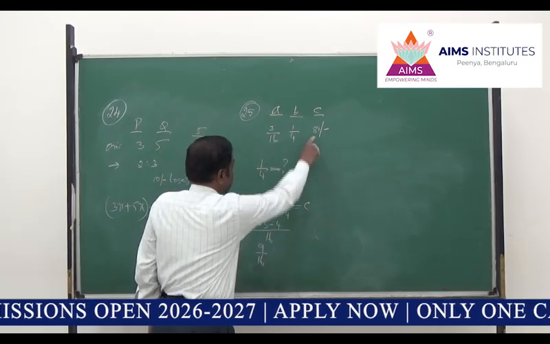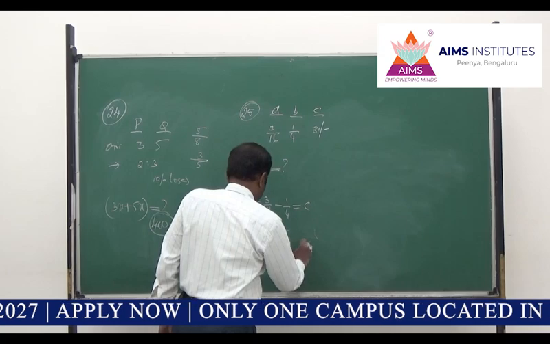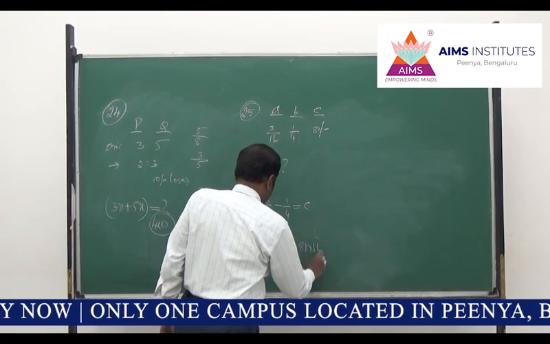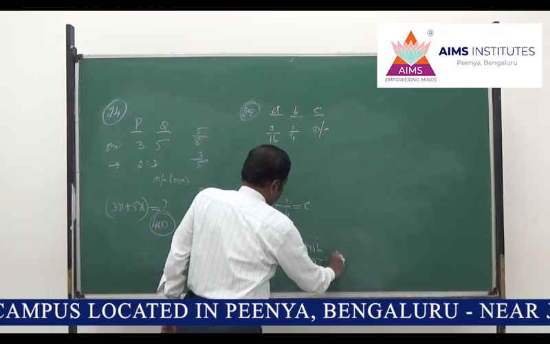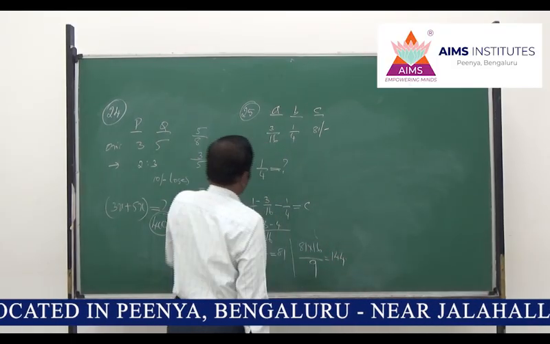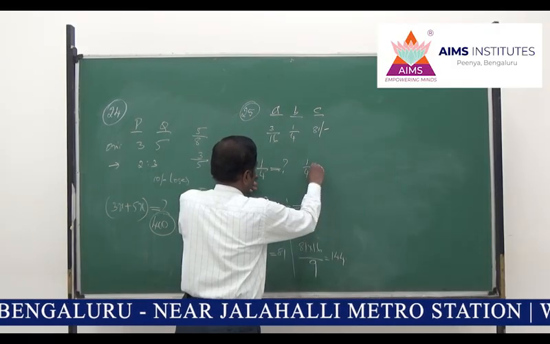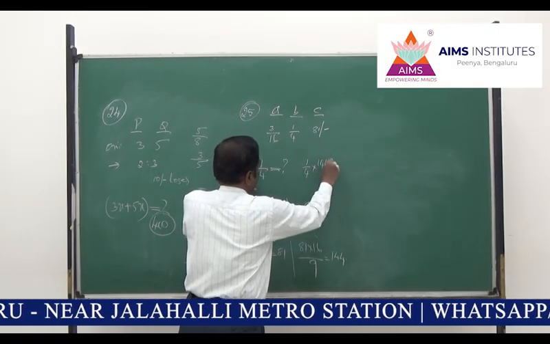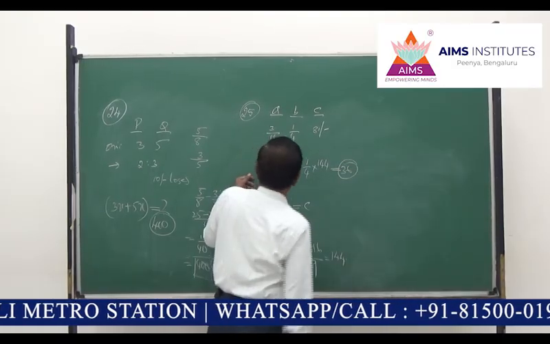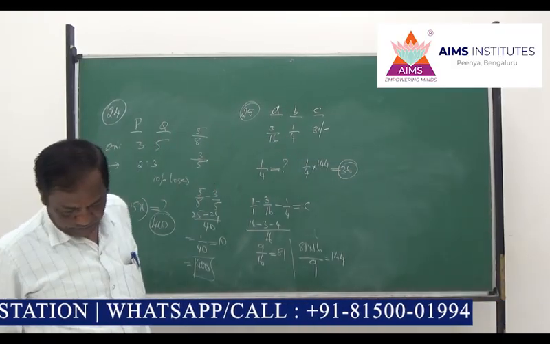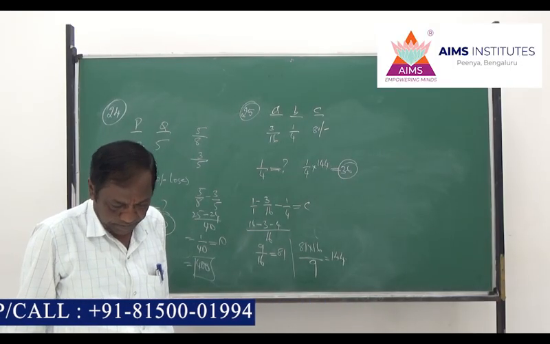This 9/16 is equal to 81 rupees. Now cross multiply. 81 into 16 by 9 is 144. But B gets 1/4 into 144, which is 36. Option A.